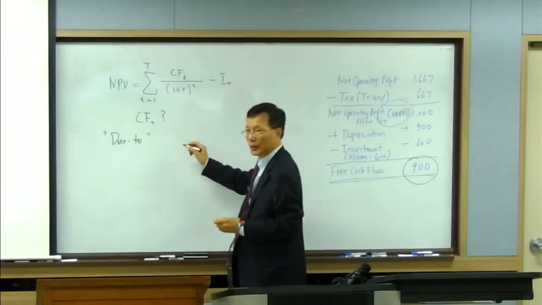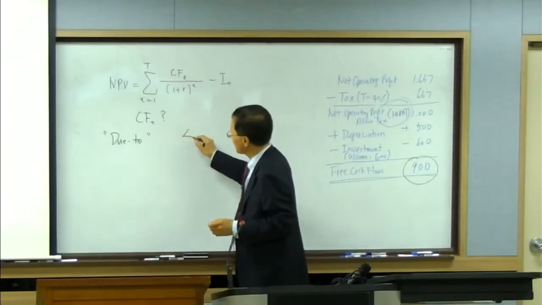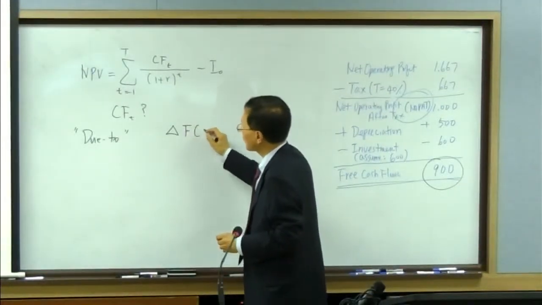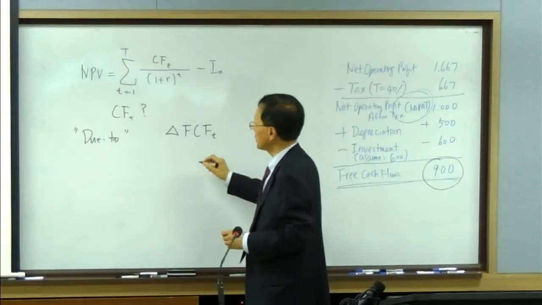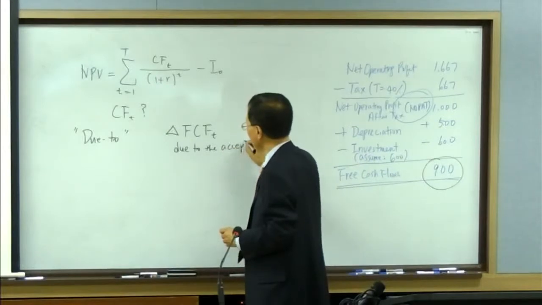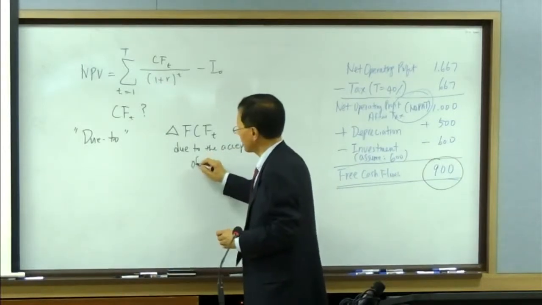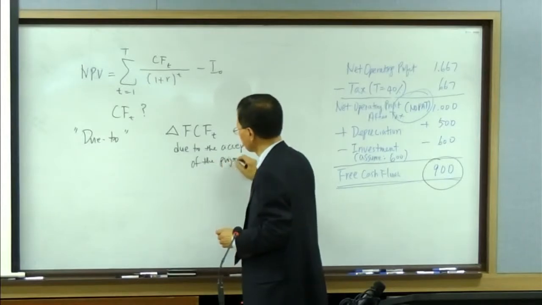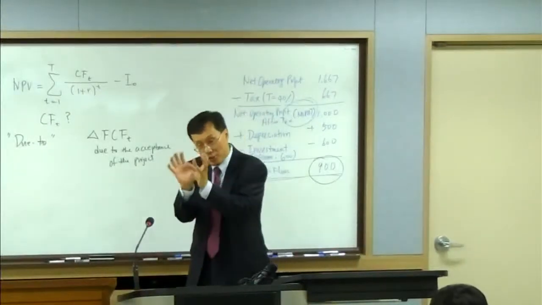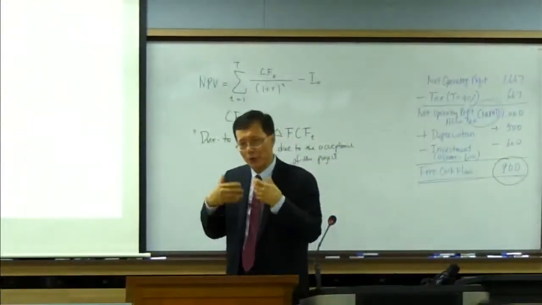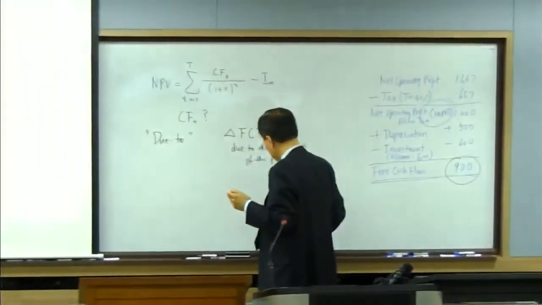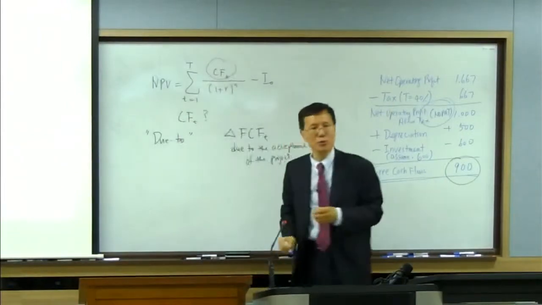So I sometimes use the expression delta, which means change, of free cash flows at time t due to the acceptance of the project. The change in free cash flows that are the result of the acceptance of the project will be included as the numerator of this equation.